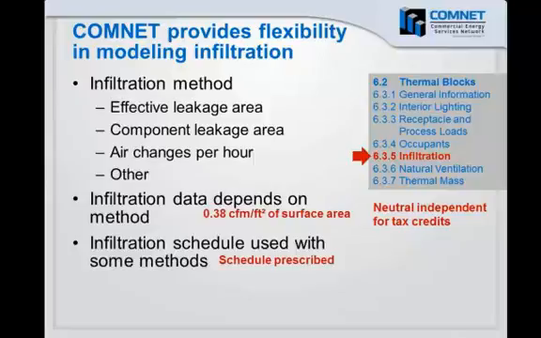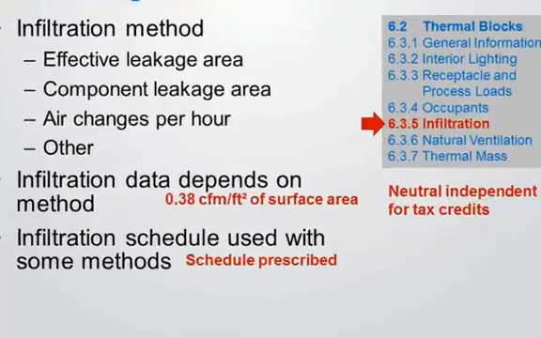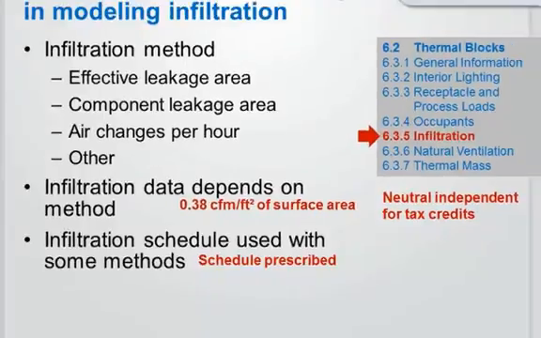When you're doing tax credits, the component leakage area method is specified, and infiltration for both the rated building and the reference building or the baseline building is set at 0.38 CFM per square foot of surface area, and a schedule for infiltration is prescribed, which is basically the inverse of the HVAC operating schedule.